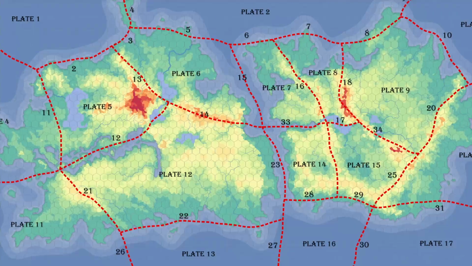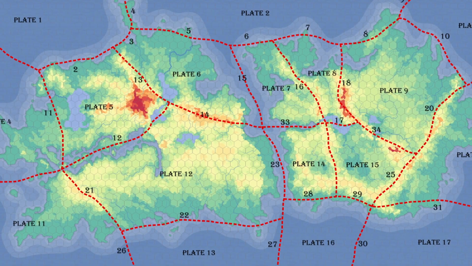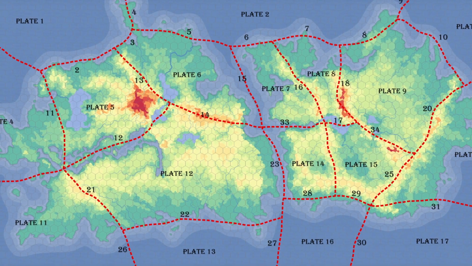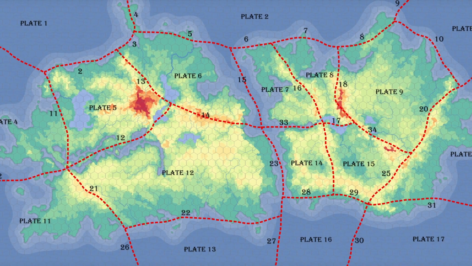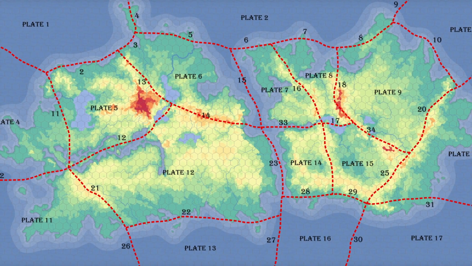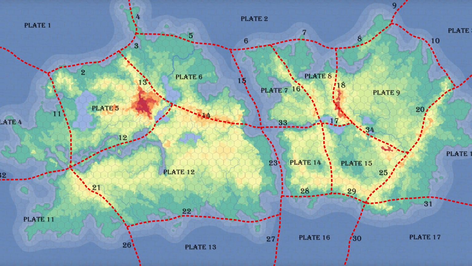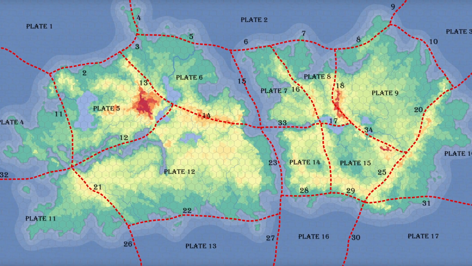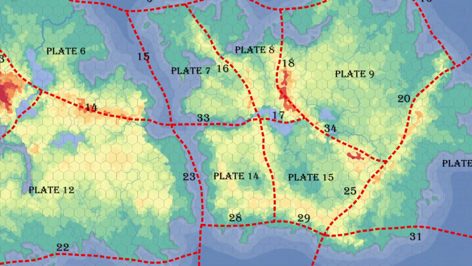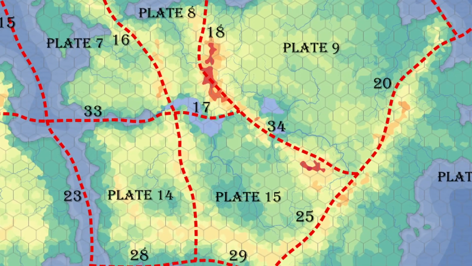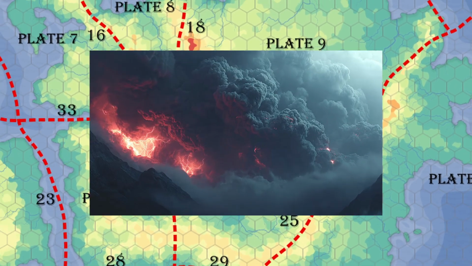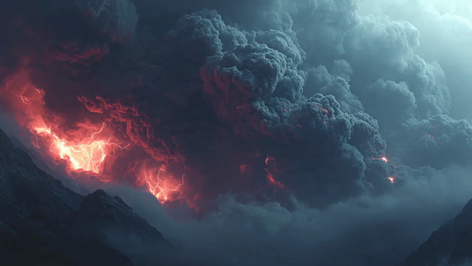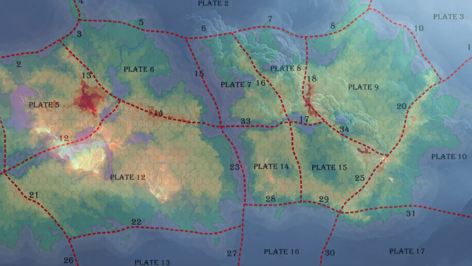The geology of Gyrthalion is designed to enforce one specific rule: Balkanization. The crust is shattered into 17 distinct tectonic plates that constantly grind against each other. For example, here in the east, the collision at Interaction 34 creates the Titanic volcanic mountains, a hyperseismic zone of ash and fire.